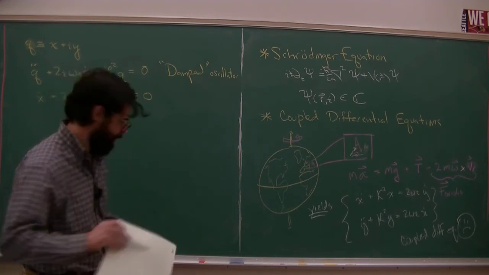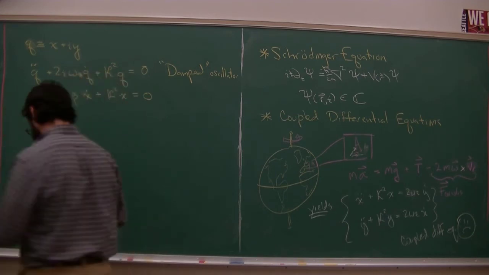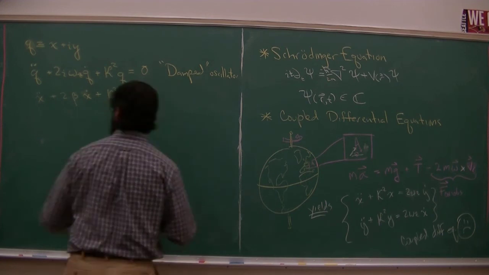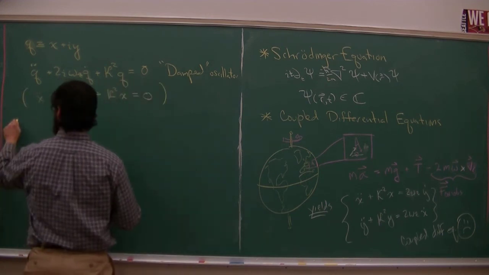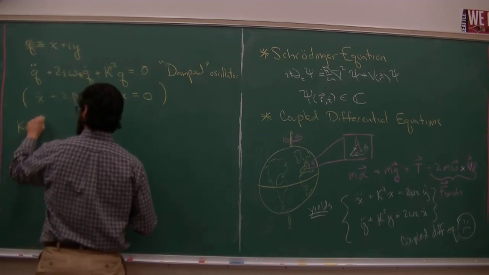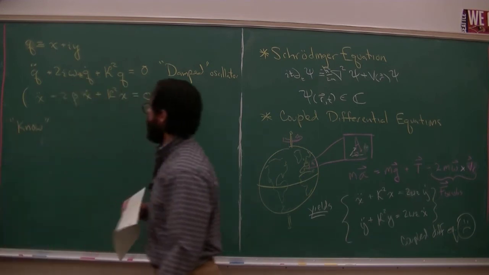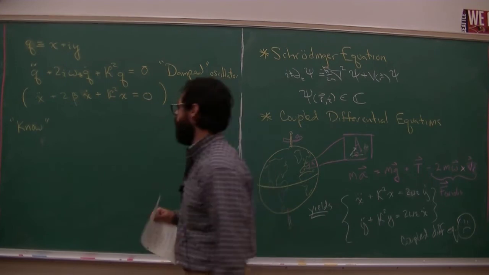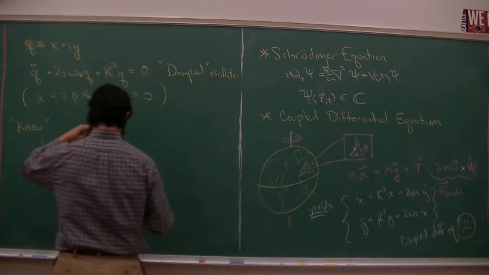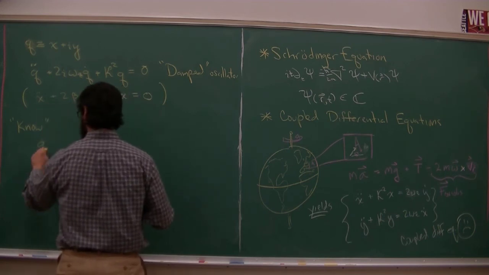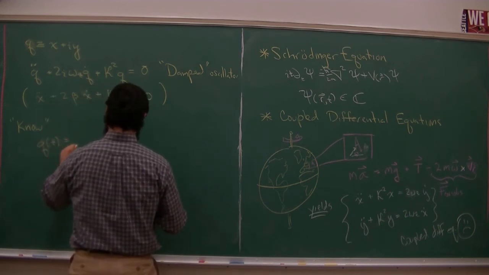So I could write down the solution of this. Remind yourself of the damped oscillator and then just don't worry about the fact that beta is a complex number. So it kind of doesn't matter that beta is a complex number. And you can just write down the answer.